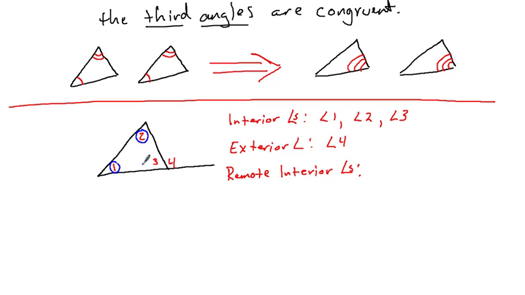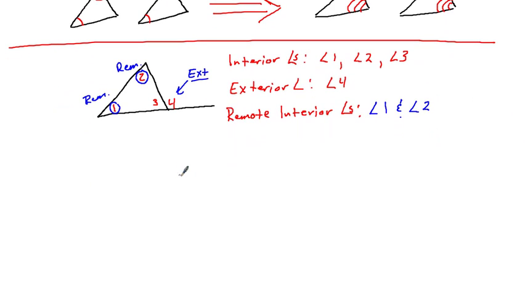That's why you have a remote control, because it works when you're not next to the television or you're away from the television. So these two angles, 1 and 2, are our remote interior angles. And what that means is they are not next to the exterior angle. So exterior angle always tells you where the remote interior angles are. Okay, so remote means not next to the exterior angle.